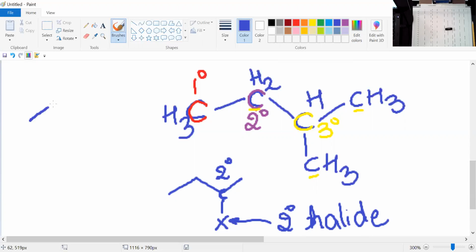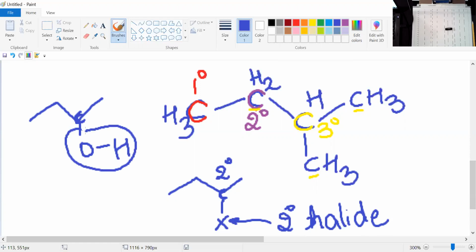Or I might have an OH on this secondary carbon. At that point, this molecule will be known as a secondary alcohol. So depending on which type of carbon the monovalent group is attached to, you will label that as such.